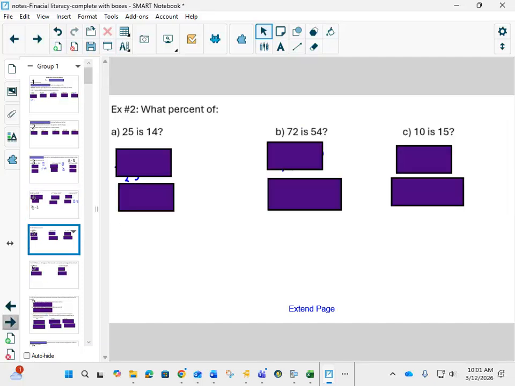Percentages are used a lot all over the place. Okay? What percent of 25 is 14? So now we're looking at English wording. What percent of 25 is 14? Is it multiplying? That's like saying 14 out of 25.